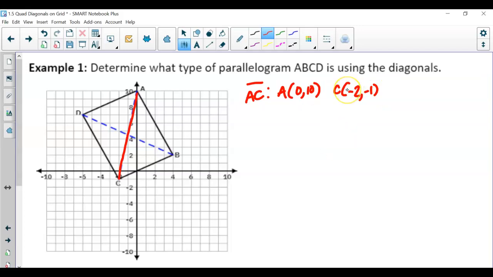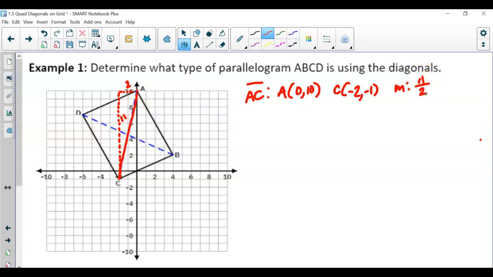Now that I'm identifying the points, I could go into the distance formula or another option. Remember, you can create the right triangle because you'll need it for slope and distance as well. Here we have a rise of 11 and a run of 2, so that means we have a slope of positive 11 over 2.